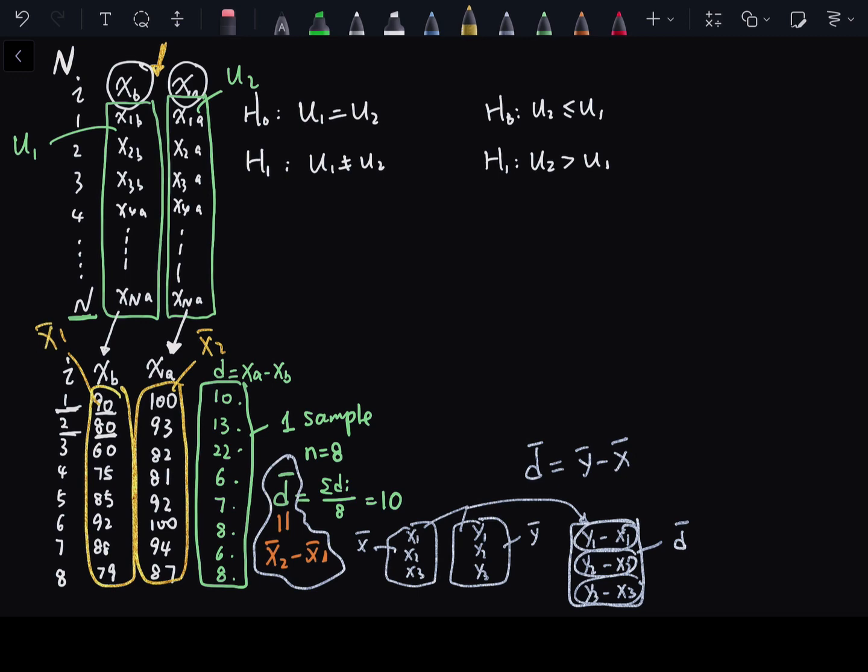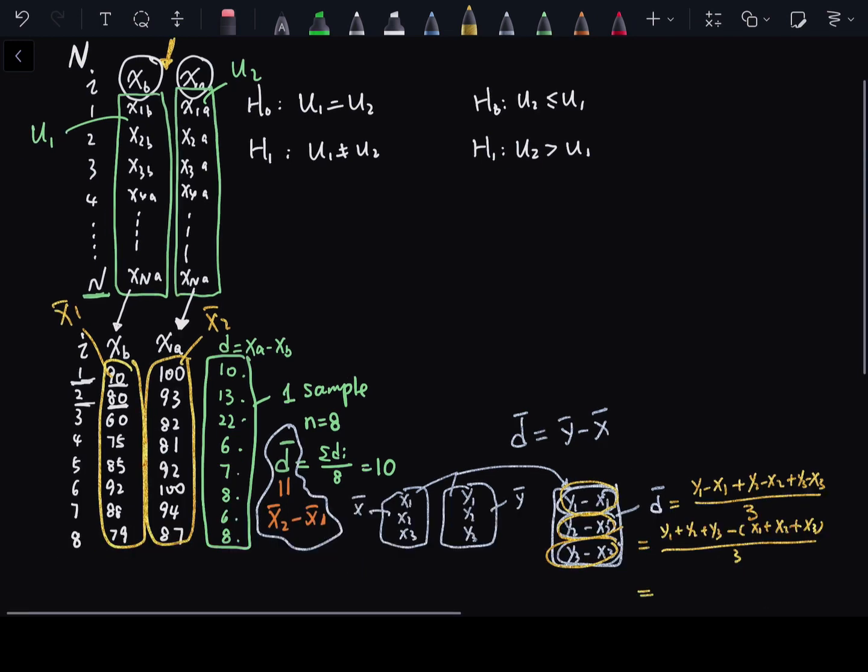So it equals y1 minus x1 plus y2 minus x2 plus y3 minus x3, 3 observations, divided by 3. You look at what you got: y1 plus y2 plus y3 minus x1 plus x2 plus x3, and then divided by 3. That is exactly equal to y bar minus x bar.